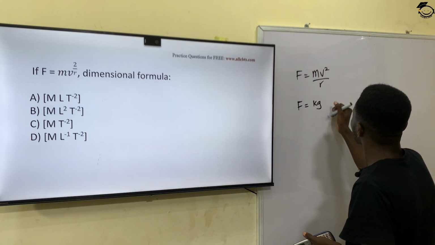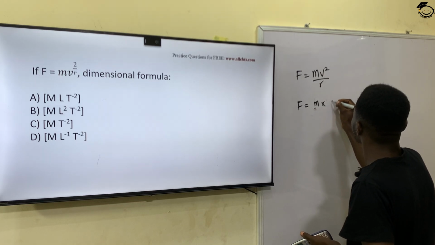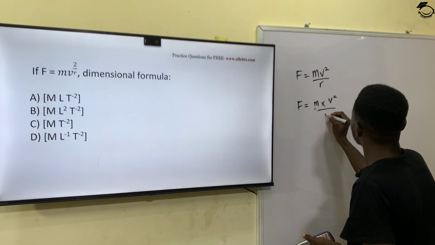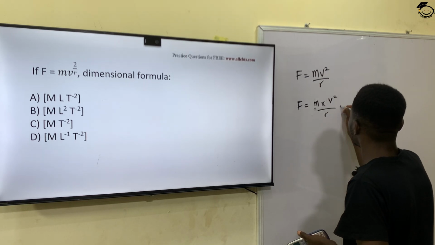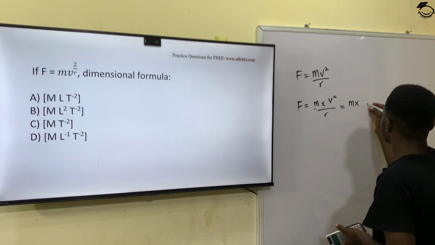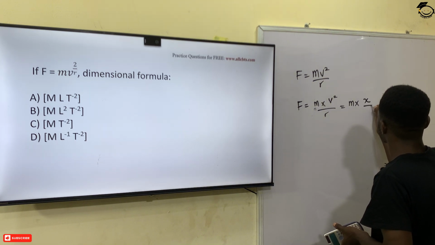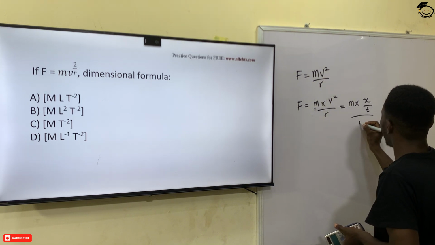Let me simplify it. So this is mass times velocity squared over your radius. So this can be simplified further to mean that I have mass times velocity, which is displacement over time, divided by radius.